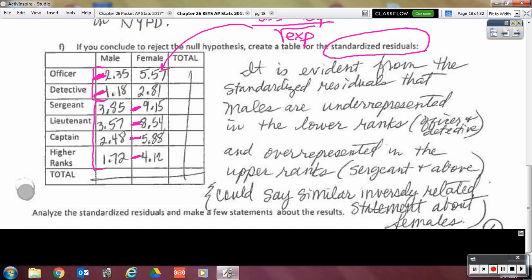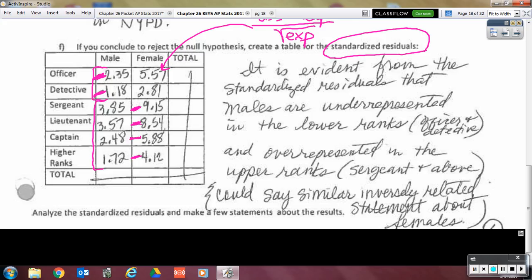What's another statement I could say? The females are what? Overrepresented in the lower and underrepresented in the upper ranks. Absolutely. So there are multiple sentences that I, as your lucky grader, get to read and decide if your mind is making a true statement or not.